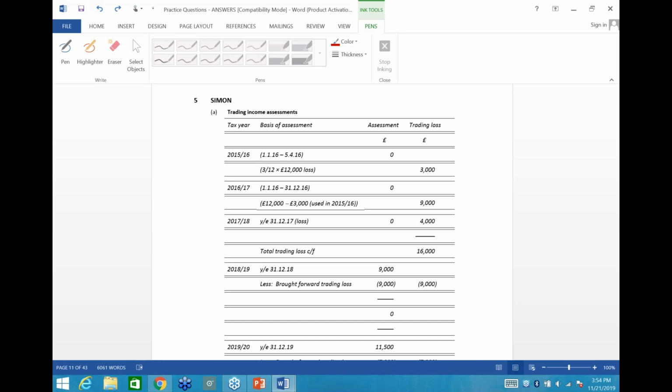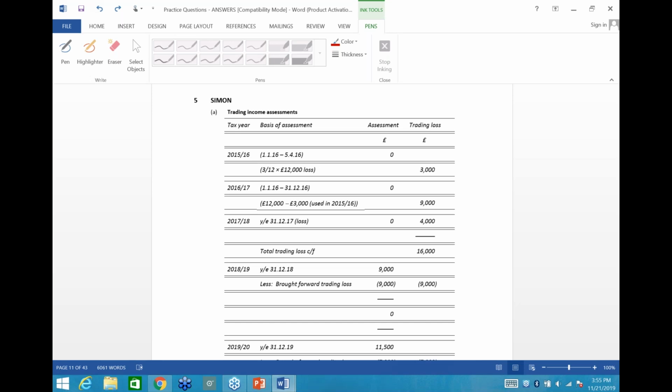Now, what do you mean by basis of assessment rules? These rules are only applicable to individuals who are running unincorporated businesses. For companies, basis of assessment rules are not applicable. Here, basis of assessment rules are there to nullify any discrepancies or to make compatible the accounting period and the tax year.